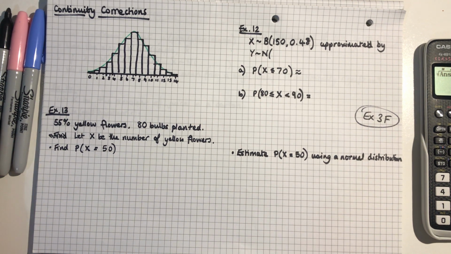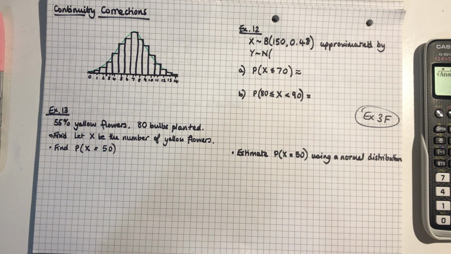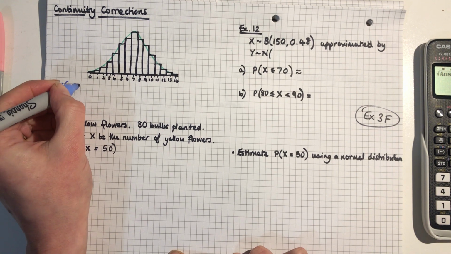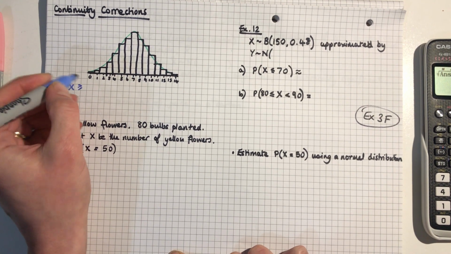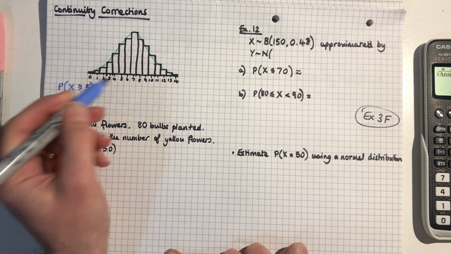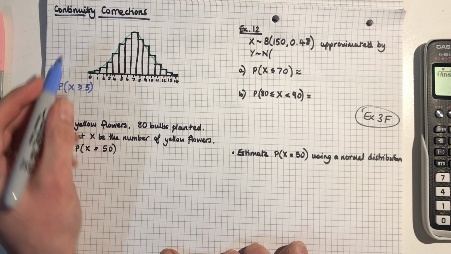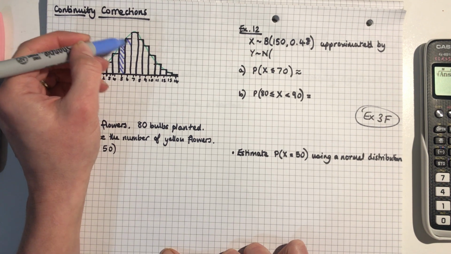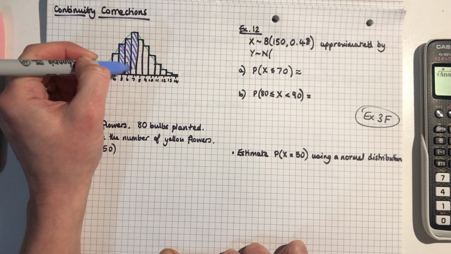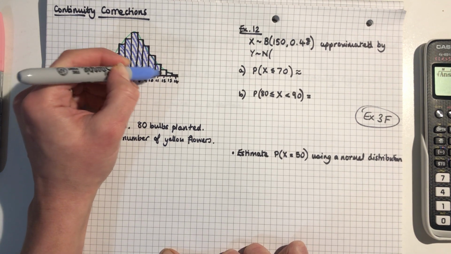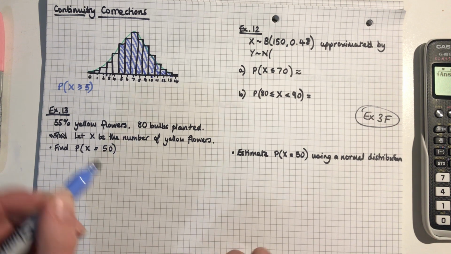Now let's say for this distribution I wanted to work out the probability that x is greater than or equal to 5. On my binomial distribution, I would be shading in these bars here, all the way to the end. Now look at this though.